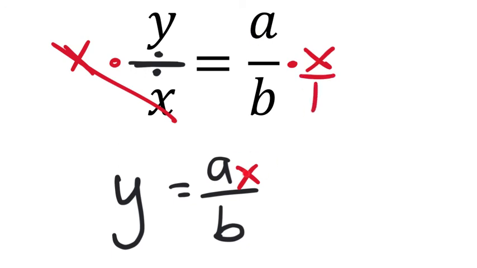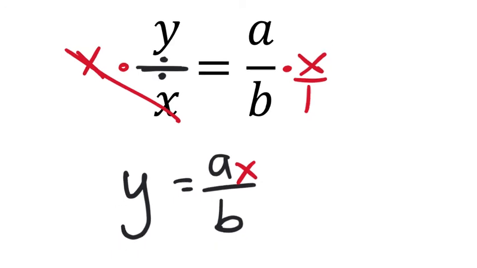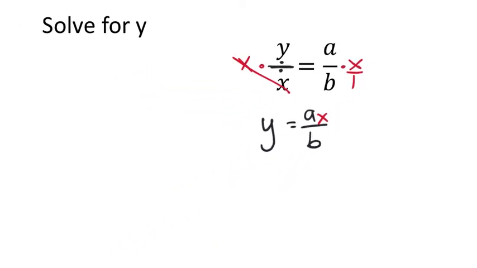A times x is ax. B times 1, you wouldn't want to show the 1. You just want the b right there. Again, I showed a lot more work there than you'd need when solving this. So if you were to type this into Canvas, you'd still want the ax in parentheses and then slash b, like this.